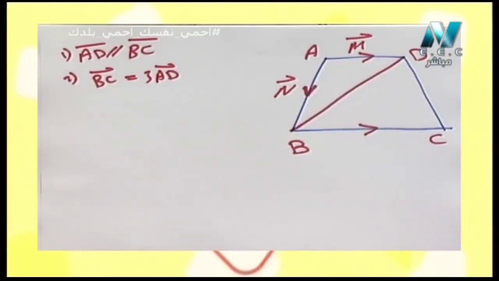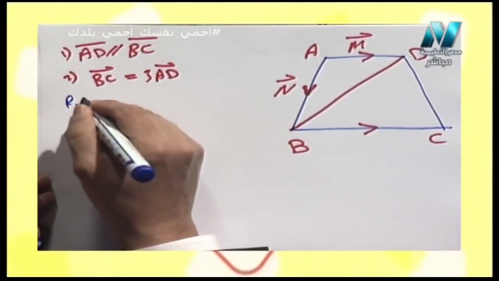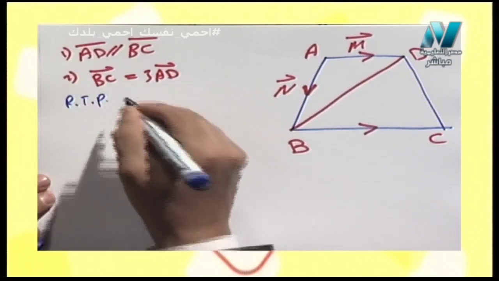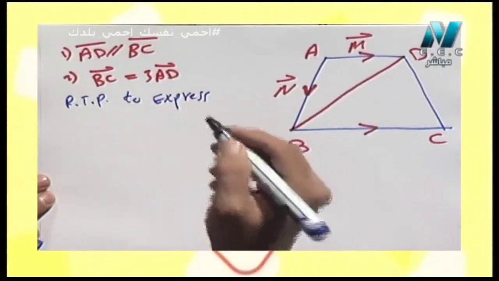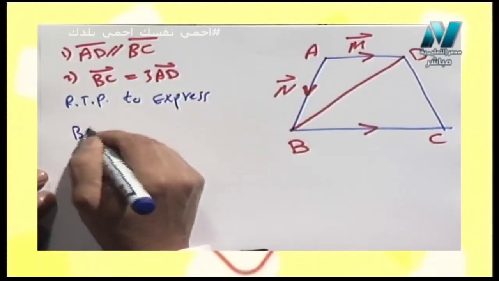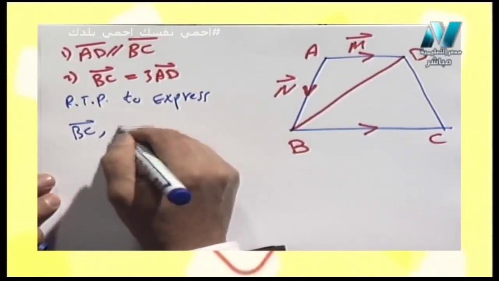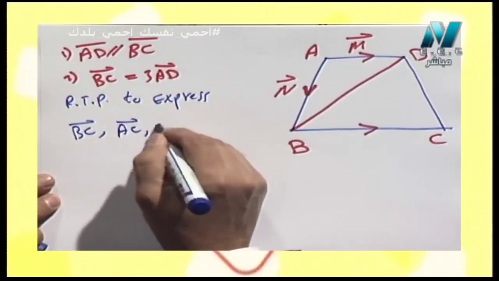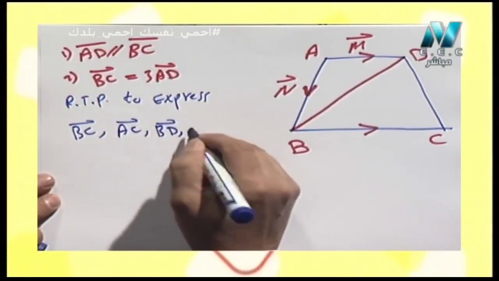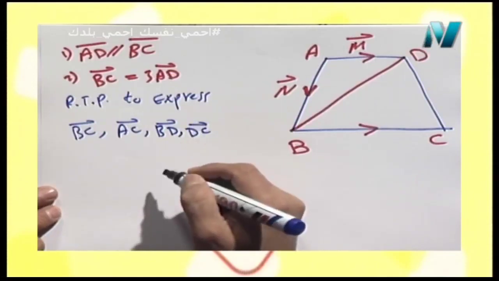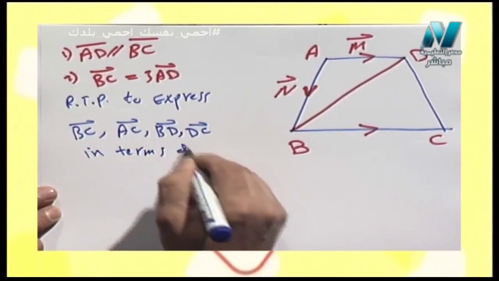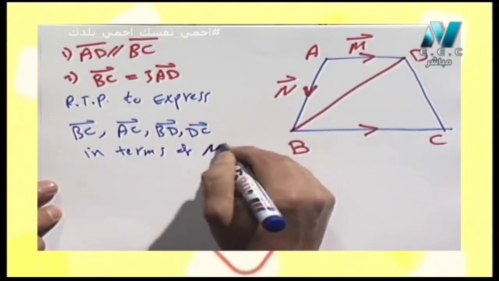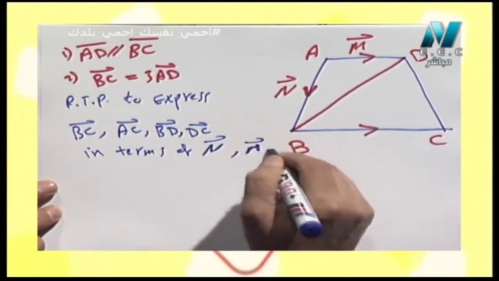And the request is to express the vectors BC, AC, BD, and DC in terms of N and M, the vector N and the vector M.